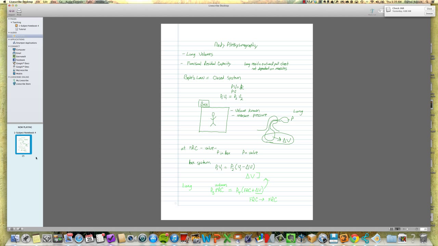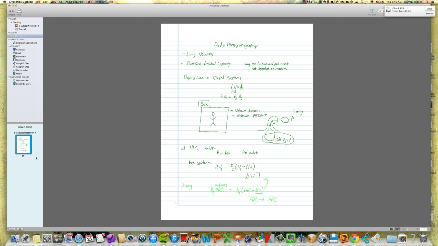As the patient inspires, you get a change in volume. And so using these values, you are able to calculate the change in volume that occurred.